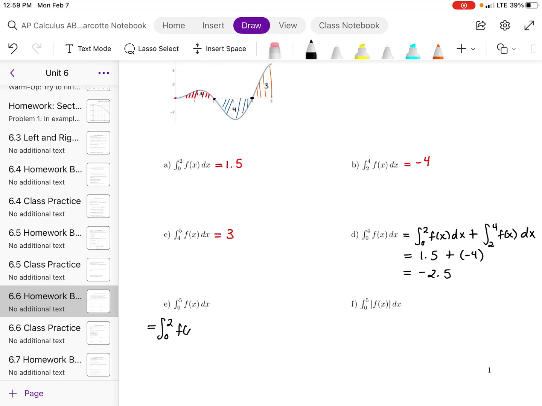Integral from 0 to 2 of f of x dx plus the integral from 2 to 4 plus the integral from 4 to 5. Okay, and so we have that this is 1.5 plus negative 4 plus 3. And so we should get that this is 0.5.